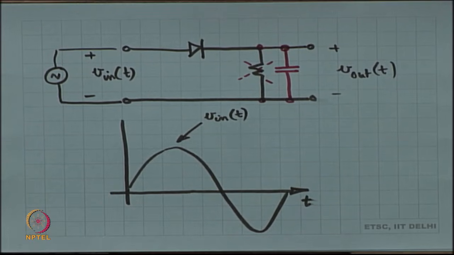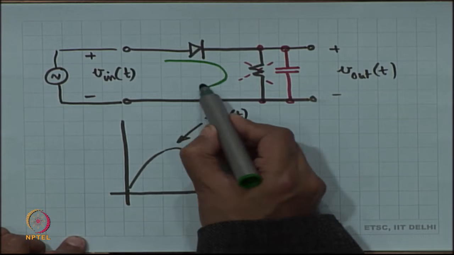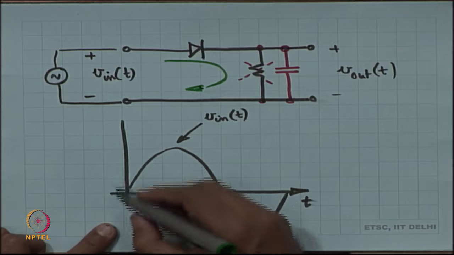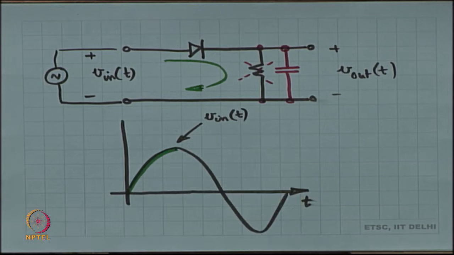In the forward cycle, the current is going to flow and the capacitor is going to slowly charge up all the way to the top. Correct? Any problem with that? No problem.